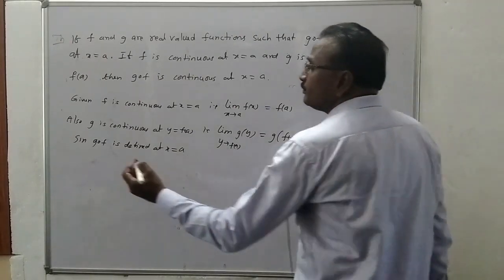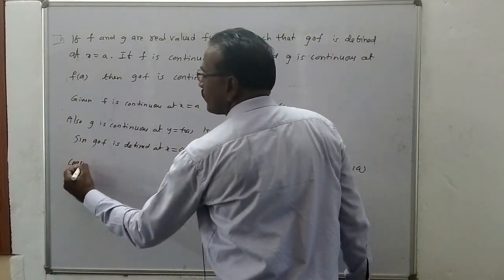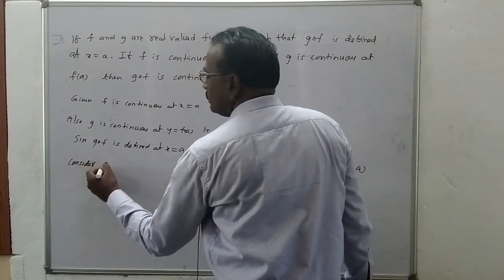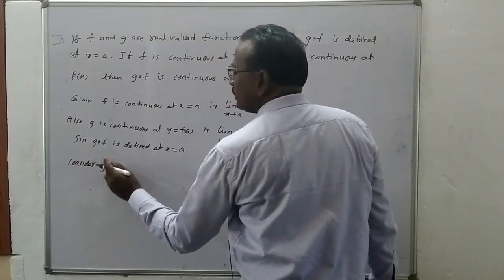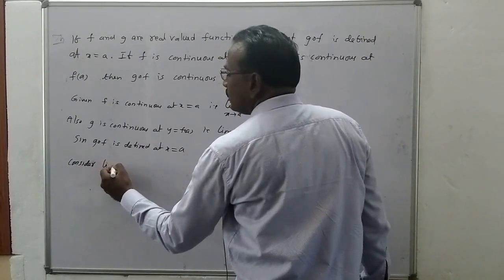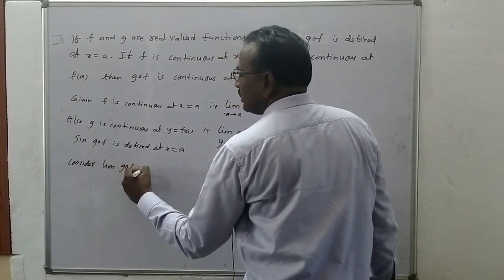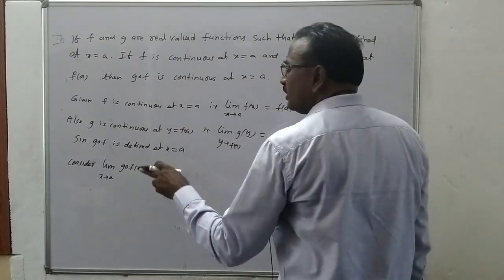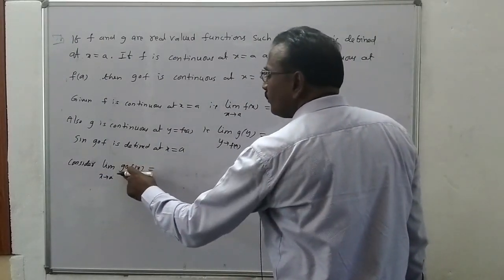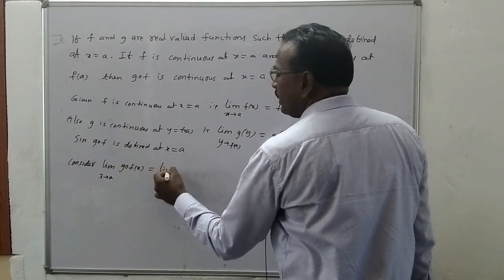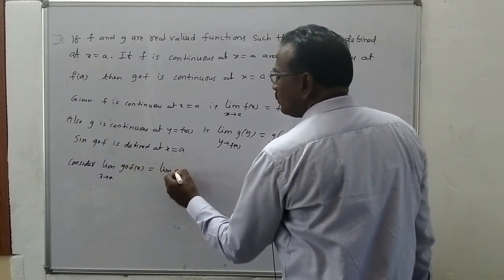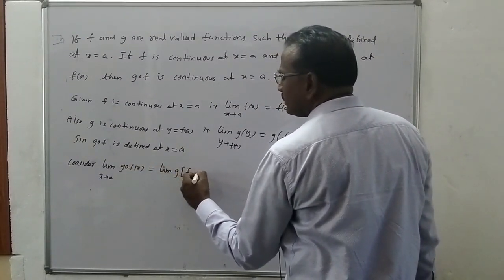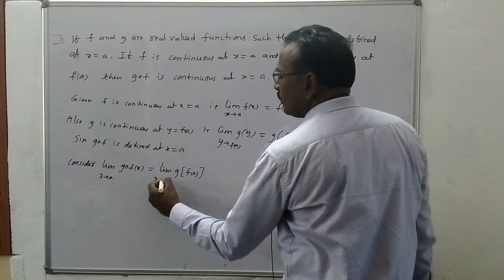Now consider limit g of f of x as x tends to a. By definition of composition of two functions, g of f of x is equal to g into f of x as x tends to a.